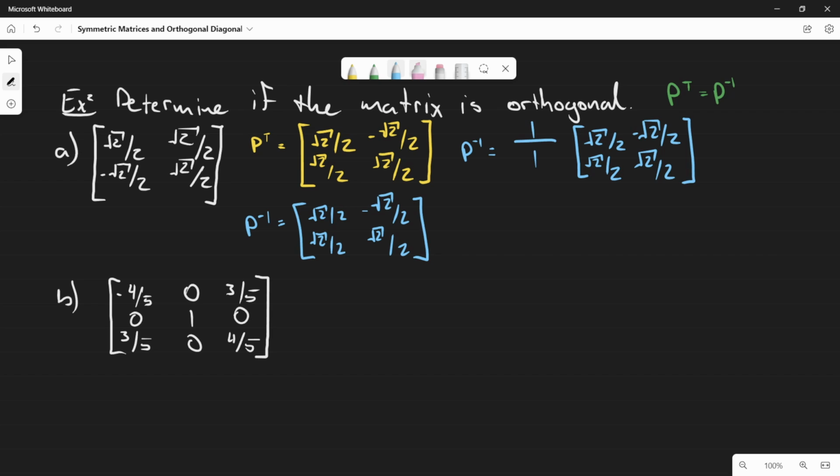We can see that this is the same thing as the transpose. Since they're equal to each other, yes, this matrix is orthogonal. Cool. So now let's move on to the next example.